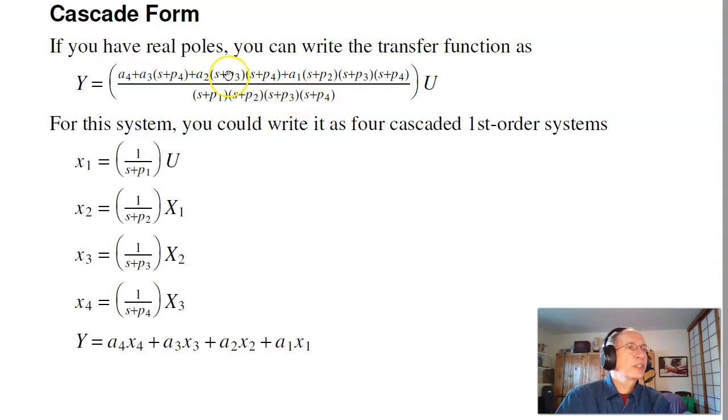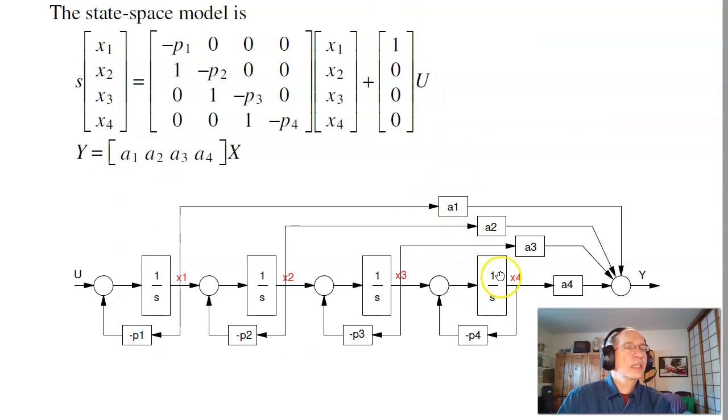To put this over a common denominator, I get this for the numerator polynomial, add all 4 of those up, and I get a polynomial. So this is a little bit more complicated to get to, but it does have much better numerical properties. That's Cascade Form.